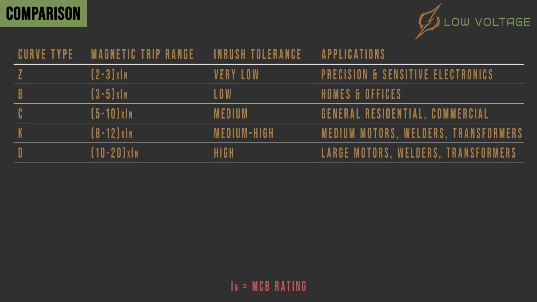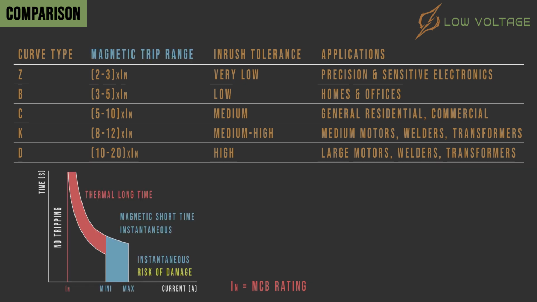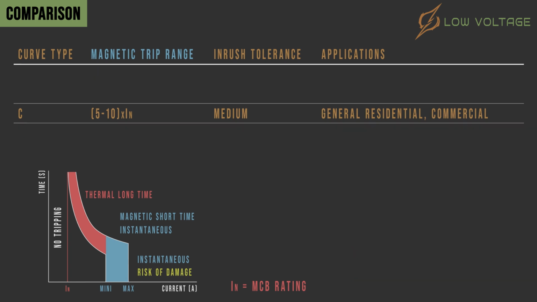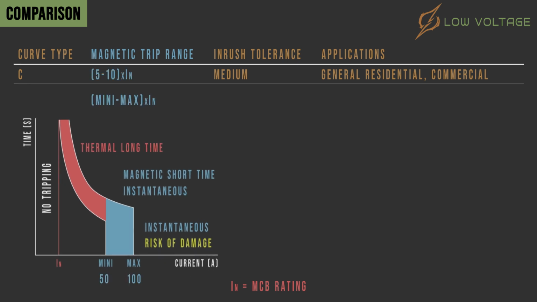So curves can be defined by the magnetic trip settings, which is the minimum and the maximum magnetic values. Between this range, the breaker must trip instantaneously, depending on the tolerance, temperature, age of the breaker, and all surrounding conditions. Above the maximum magnetic value, the breaker must trip ensuring protection. To better understand this, let's take example curve C having magnetic settings 5 to 10 times IN, and IN equal to 10 amperes.